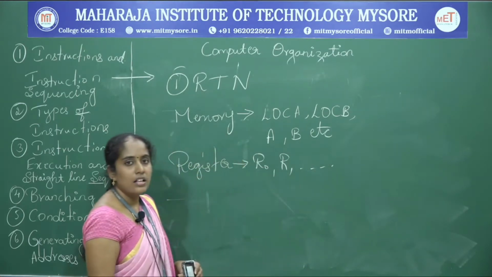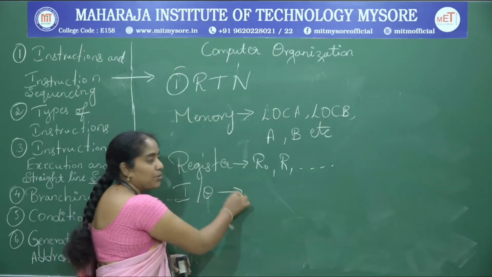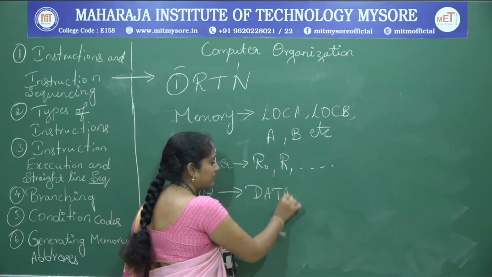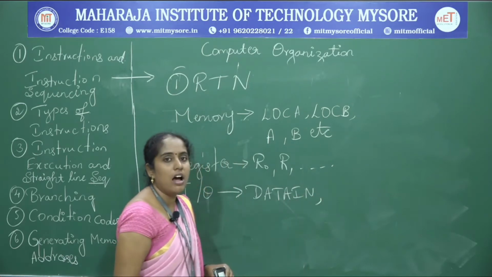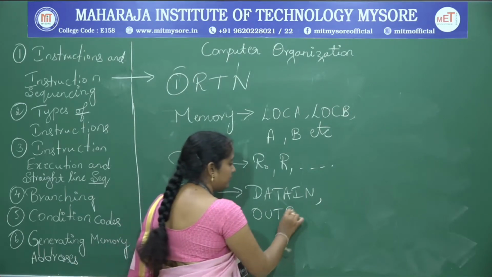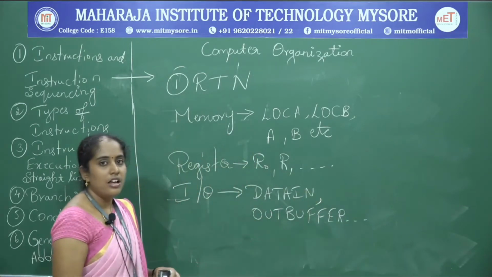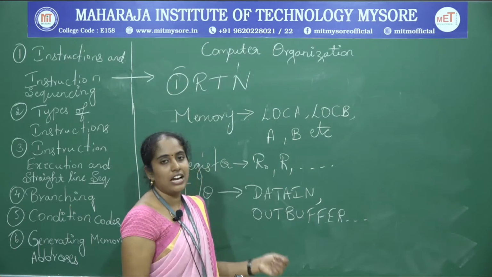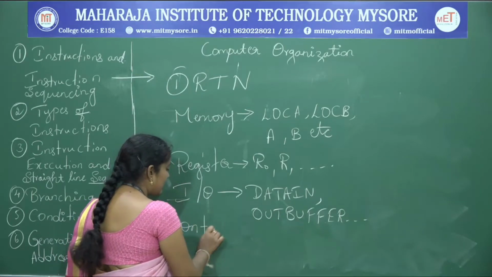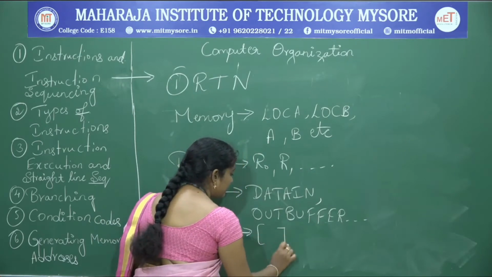Next, the input output operations will be represented like data in, data out, out buffer, in buffer, etc. To represent the content of a location or the content of a register, we use square brackets.